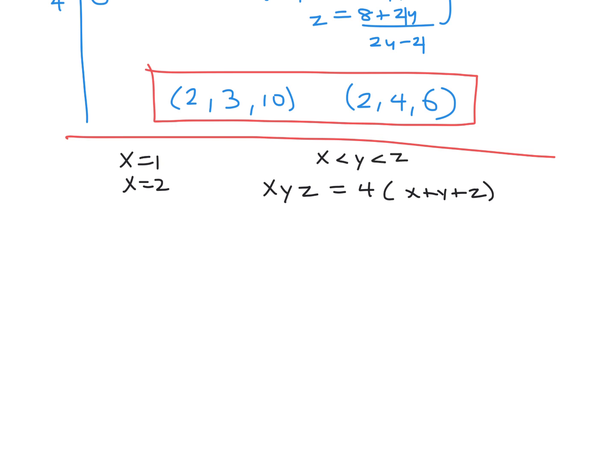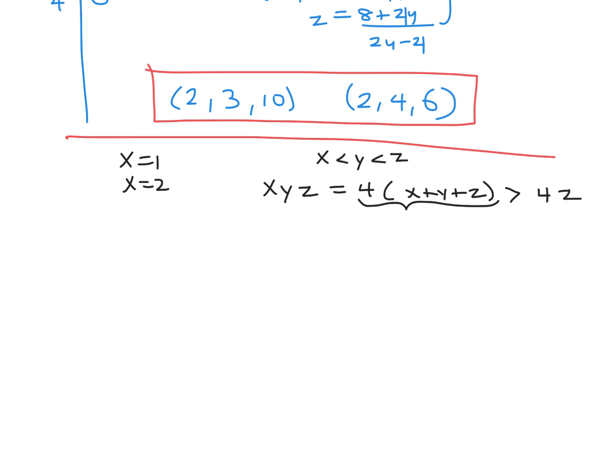So that means that this guy here has to be greater than 4z, correct?